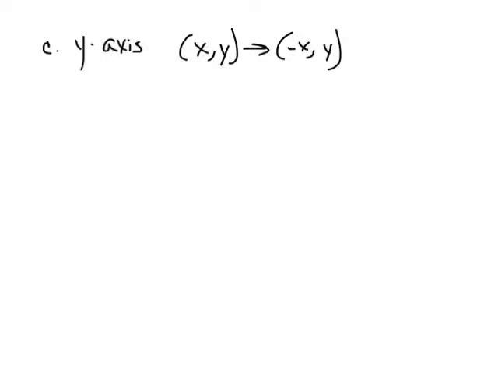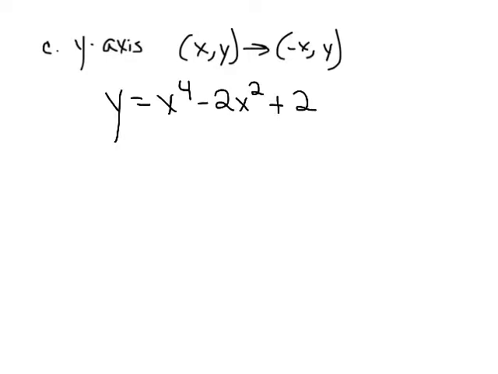If you look at this, I'm negating the x, but the y is going to stay a y. So my original function was x to the fourth minus 2x squared plus 2.